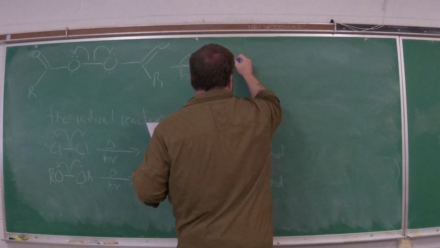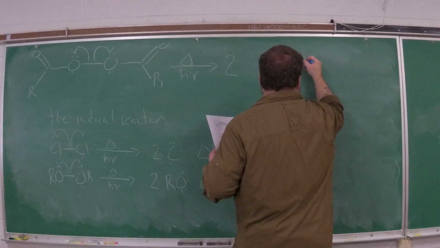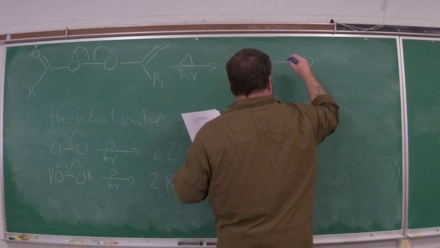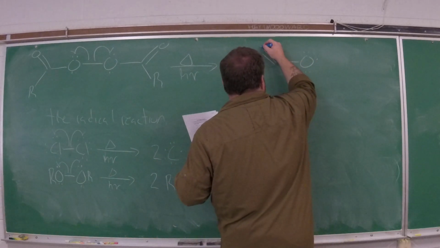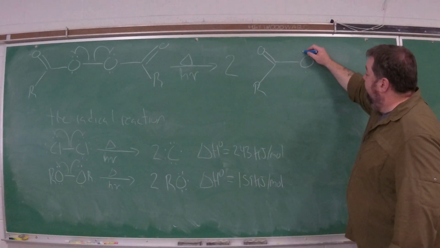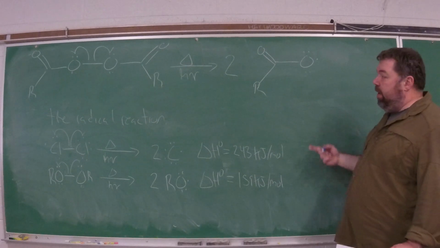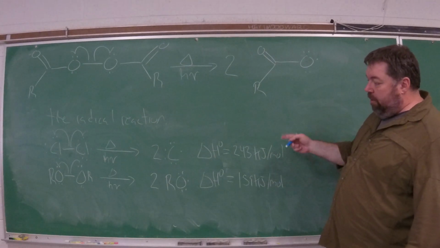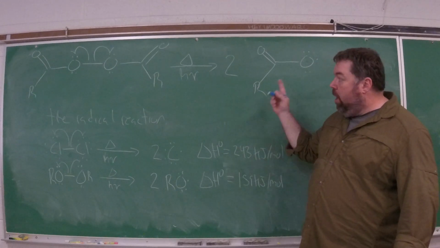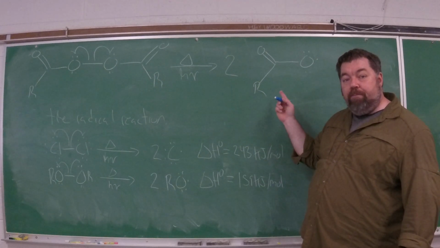And you get two radicals once again. Like that. And the delta H for this one, well, before we go further, you're probably already going to guess the delta H for this was going to be lower than this one. Now, why would the delta H for this be lower?